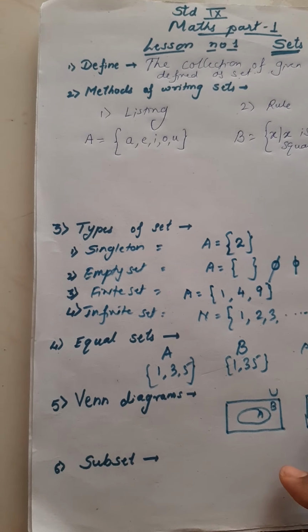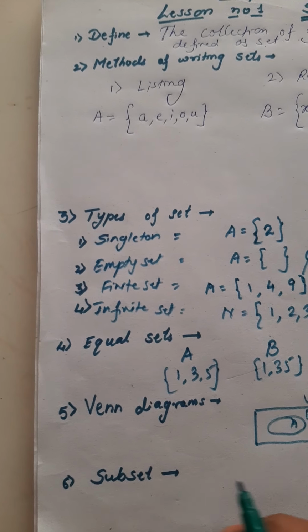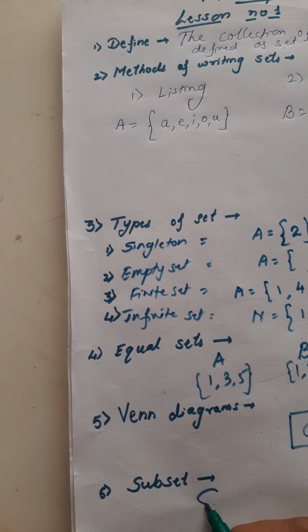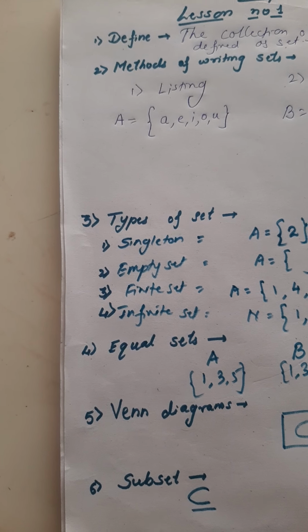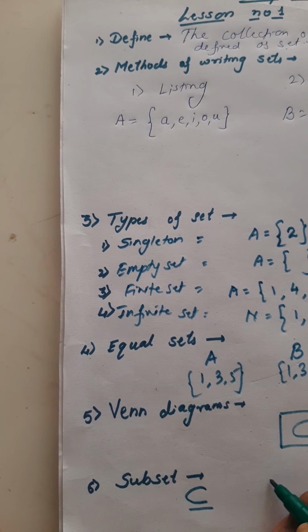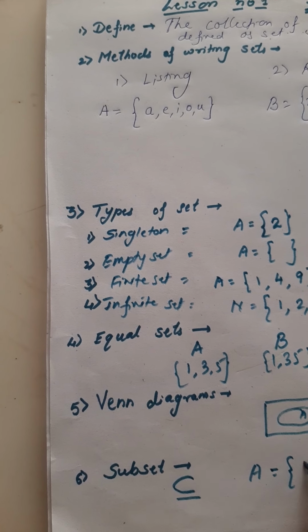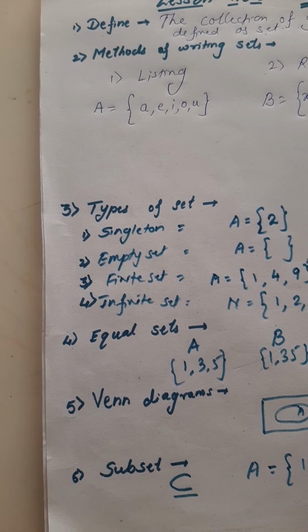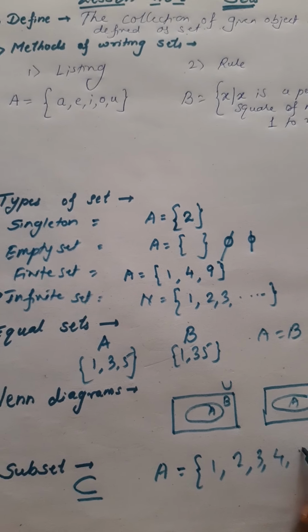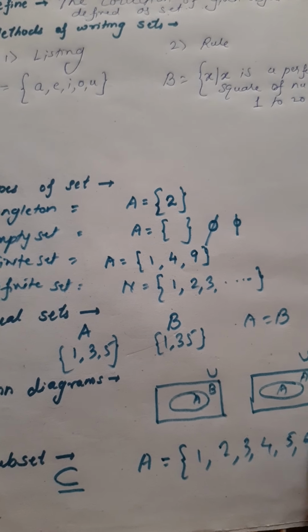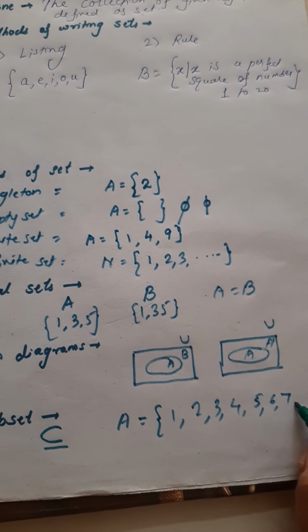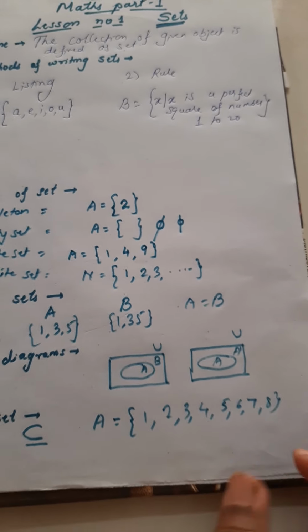Now next it is a subset. A subset is denoted by a symbol like this. I will take an example and explain what a subset means. I will write numbers 1 to 8.